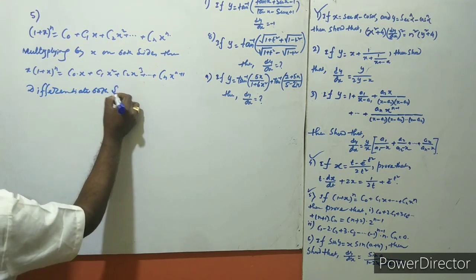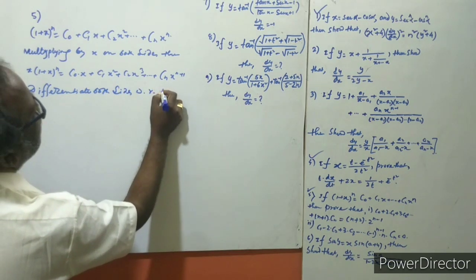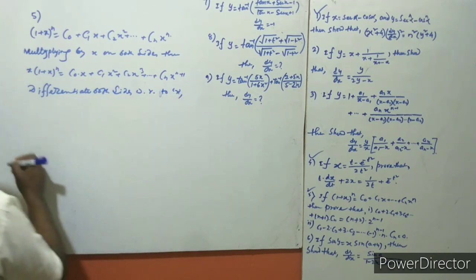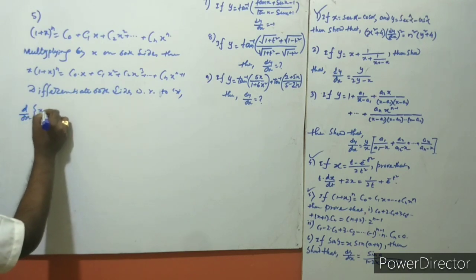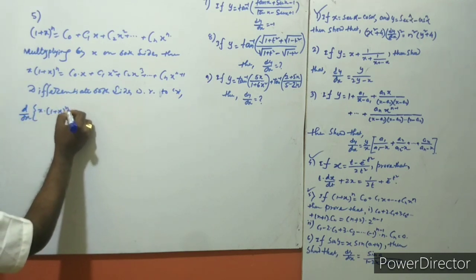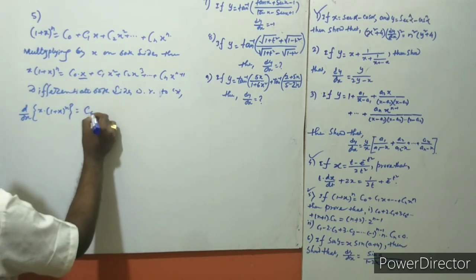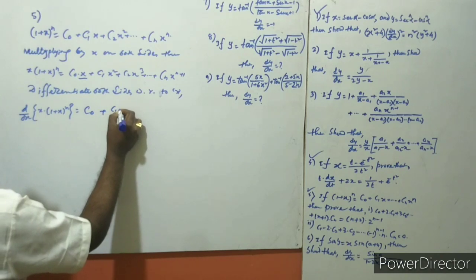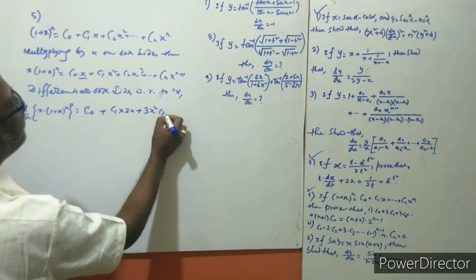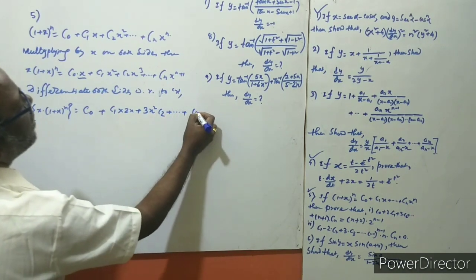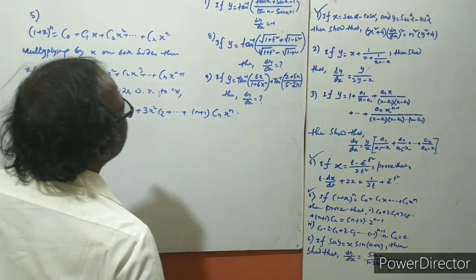Differentiate both sides with respect to x. So that is d by dx of x into 1 plus x to the power n. The derivative of x is 1, then c1, 2x, 3x square c2, up to n plus 1 into cn x to the power n.